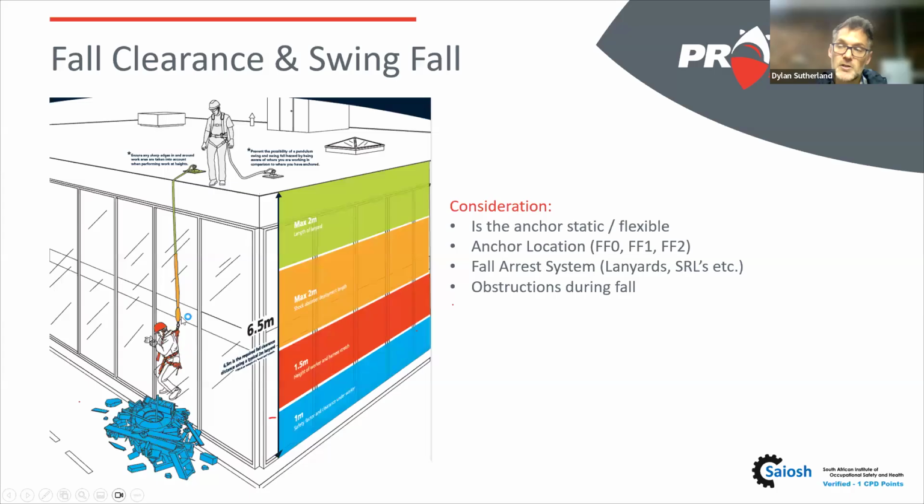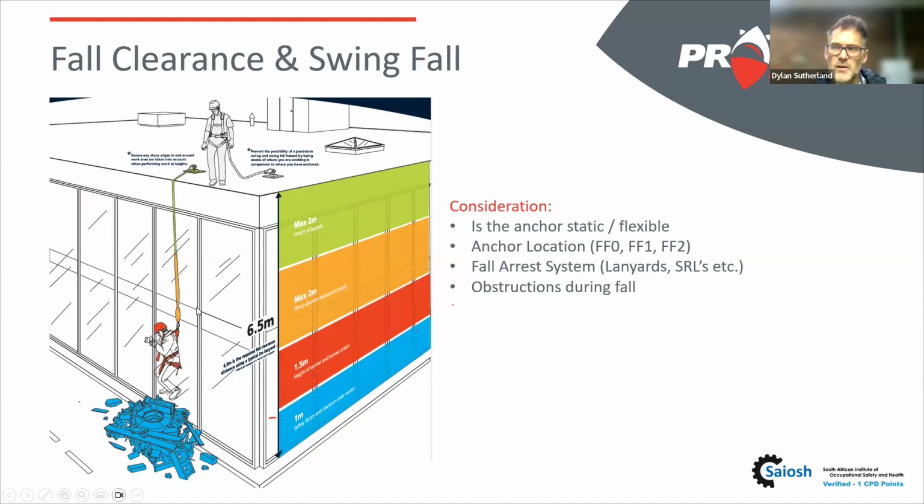The B is the body harness, but the connector can also reduce this distance because with a retractable lifeline, for instance, it operates like a seatbelt. The moment you start falling, it arrests your fall. You haven't built enough force to deploy the shock absorber as far as this would.